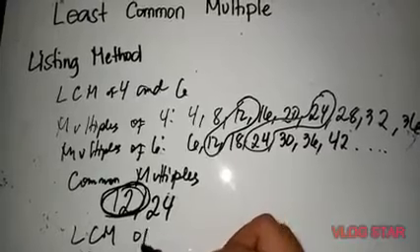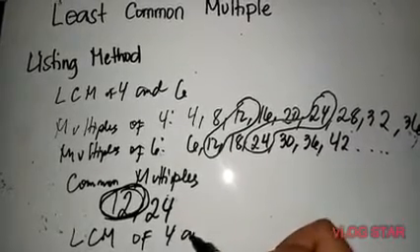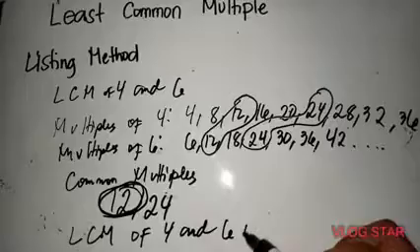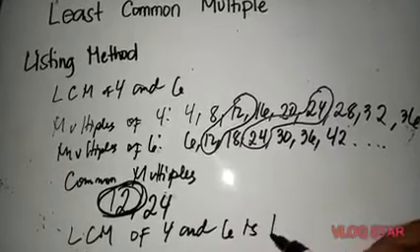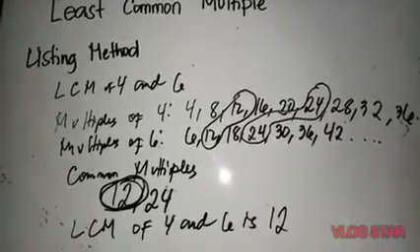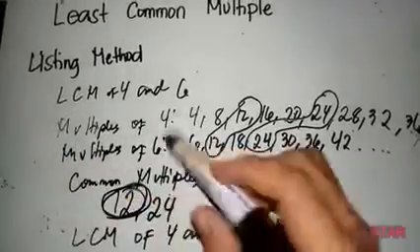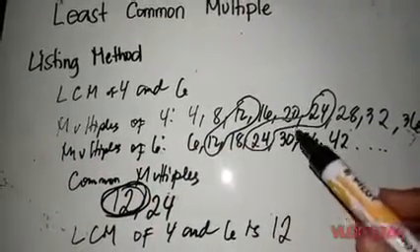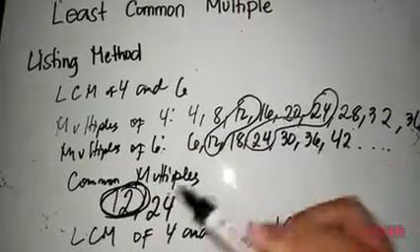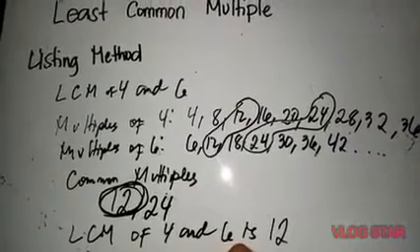So the LCM of 4 and 6 is 12. Basically, in using the listing method, the first common multiple is the least common multiple.